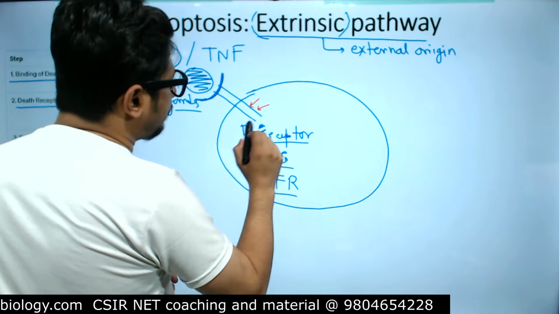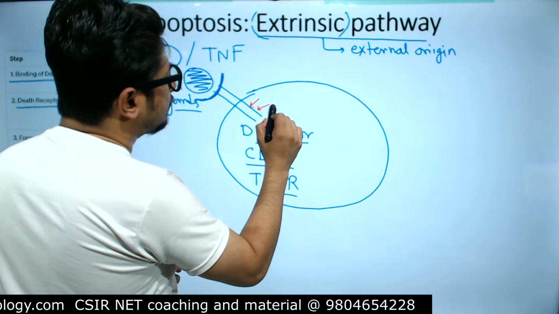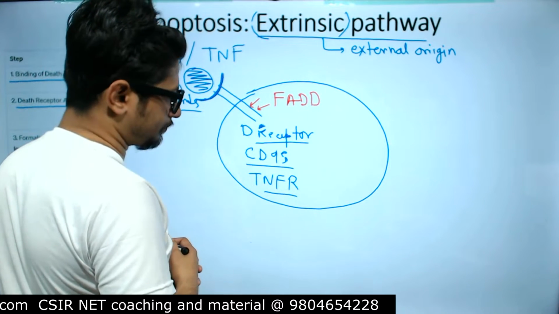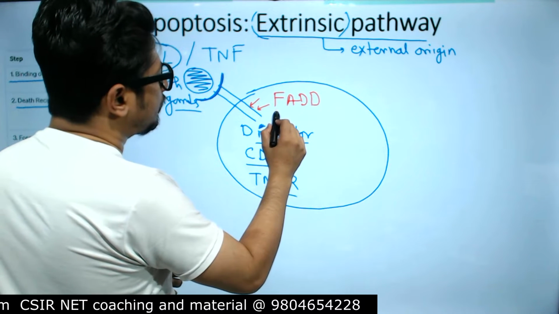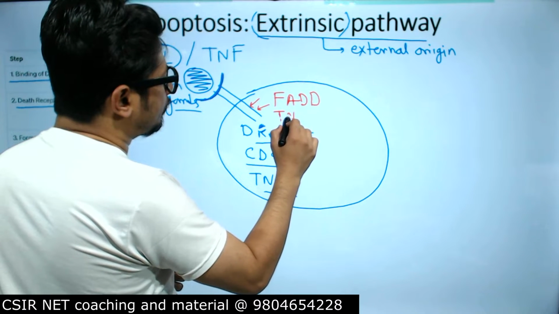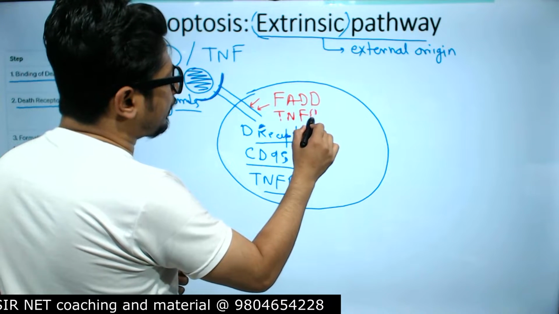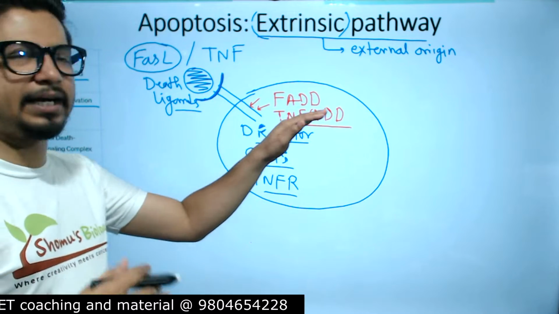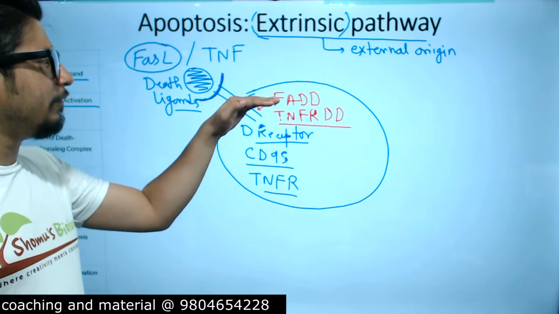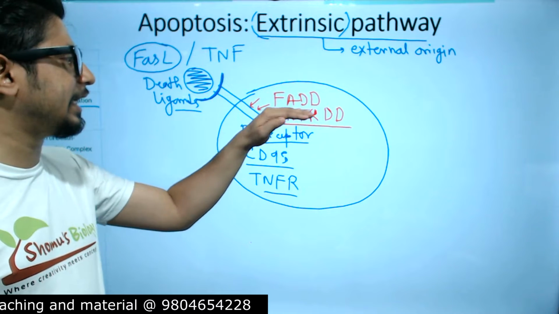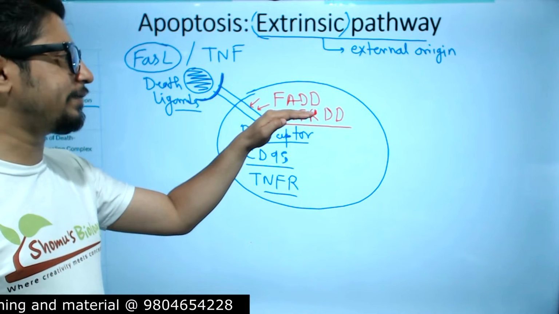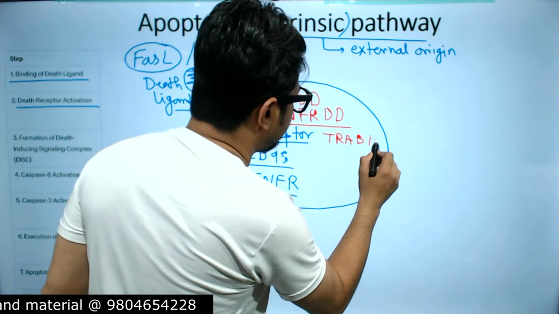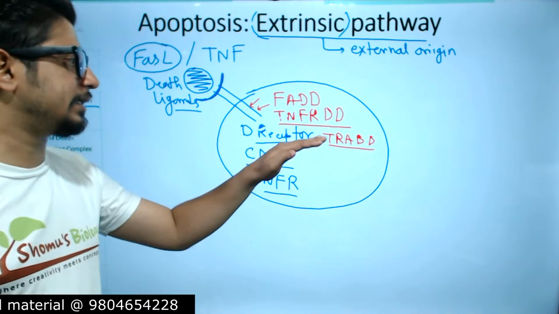Basically, activation means here they will associate with Fas associated death domain, FADD, or TNFR associated death domain, TRADD. What do you mean by that? Fas associated death domain, FADD, and tumor necrosis factor receptor associated death domain, TRADD.